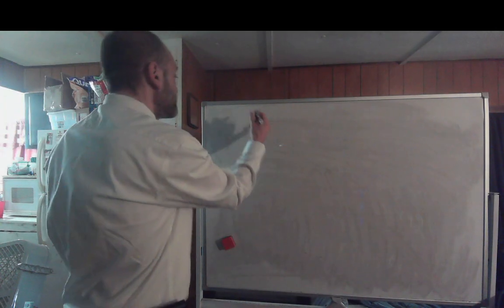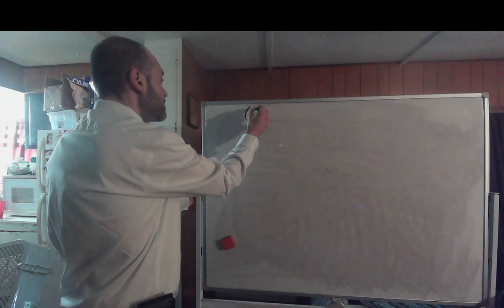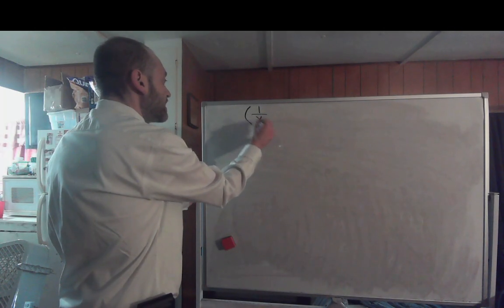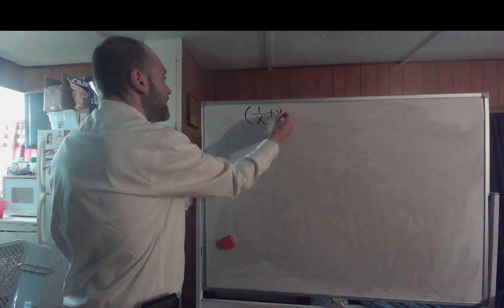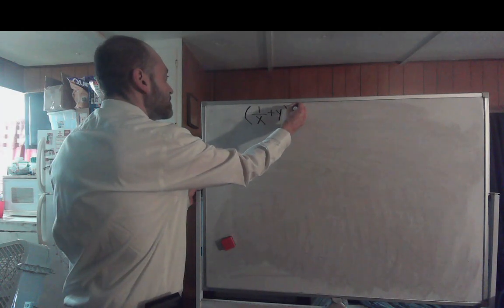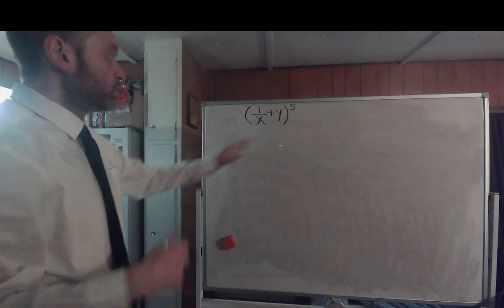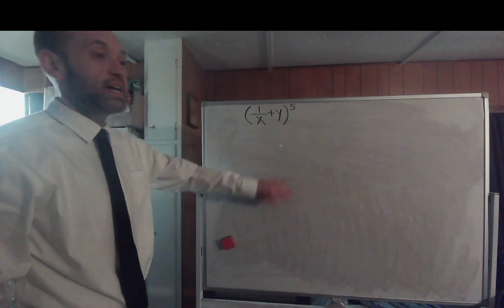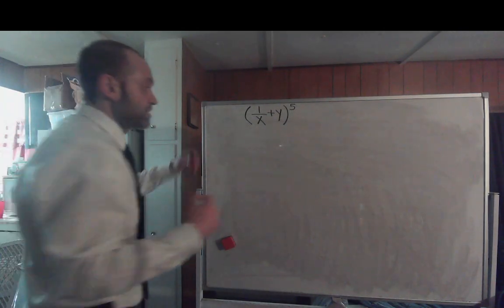So let's see here. Let's say we have something as simple as 1 over x plus y raised to the 5th. So we're going to take 1 over x plus y, that entire quantity raised to the 5th.